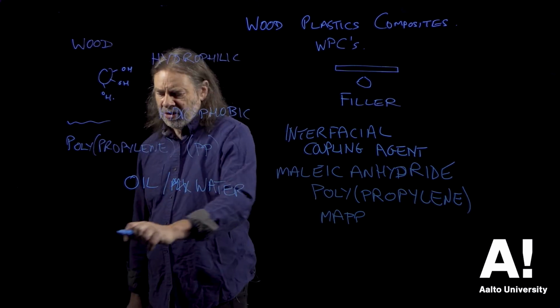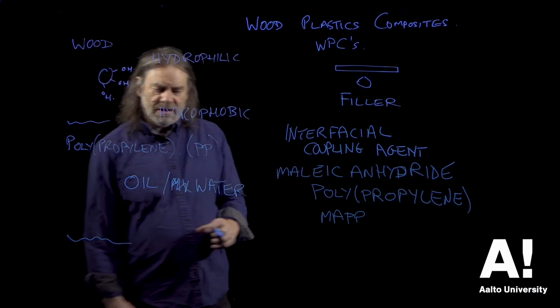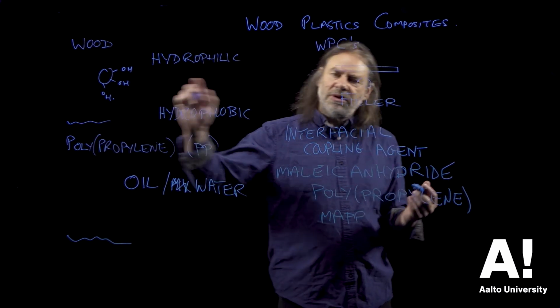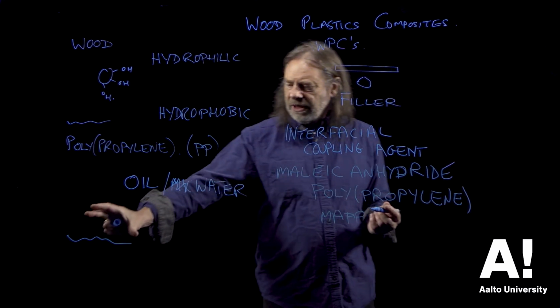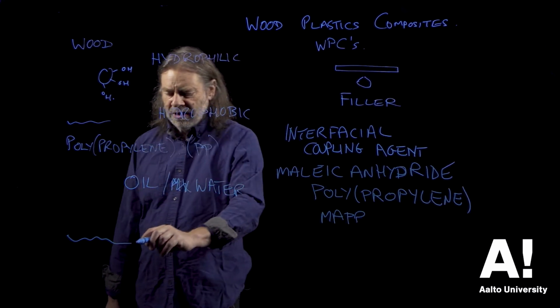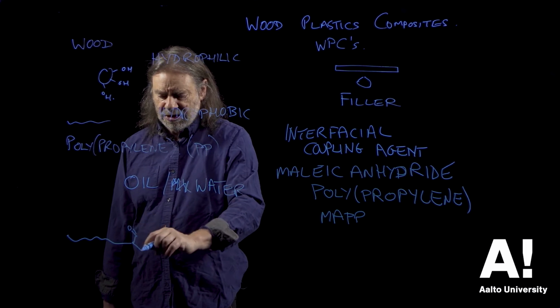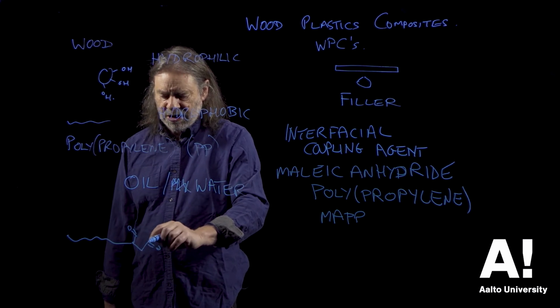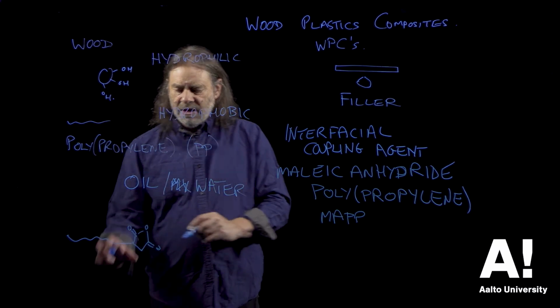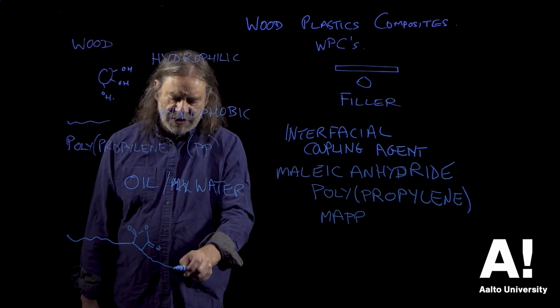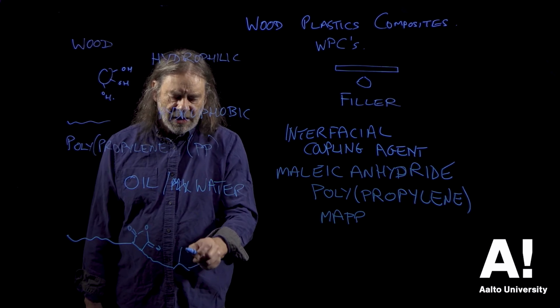Maleic anhydride polypropylene has got lengths of hydrocarbon chain which are compatible with the polypropylene itself. So they can entangle with the polypropylene, and then we have embedded in the chain or attached to the chain in some way these maleic anhydride moieties.